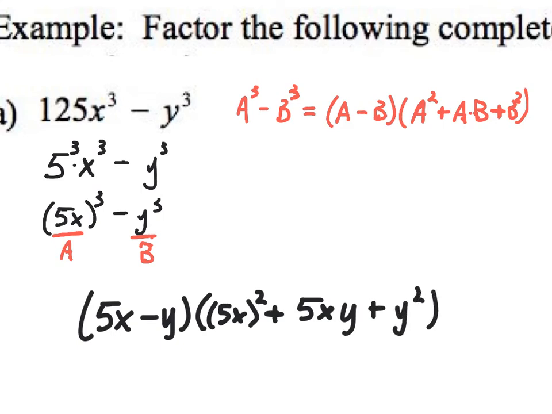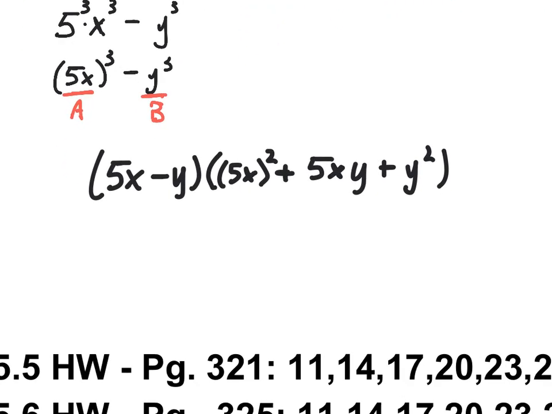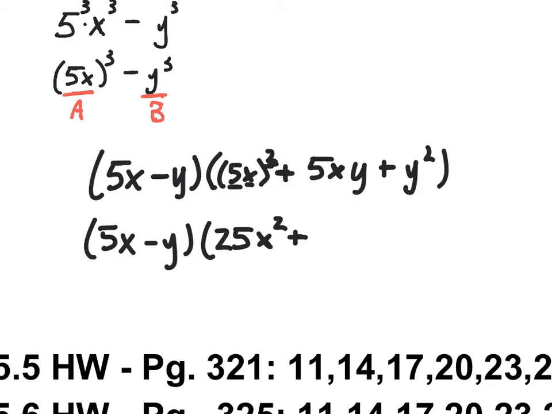Now we're almost done. We're essentially done except we can still simplify this part. I can do 5 squared and x squared. So what I have here is 5x minus y, and then 5 squared, which is going to give me 25, and then x squared, which is just x squared, and then plus 5xy plus y squared.